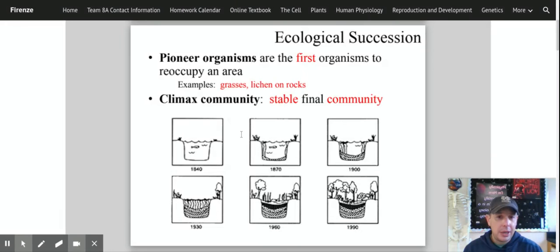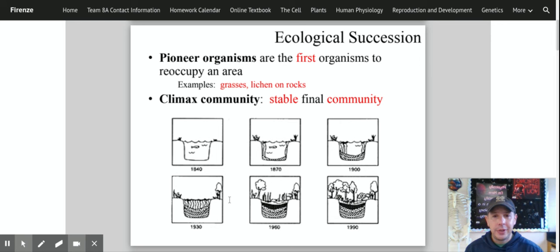Now, let's say we take a little pond here. In 1840, it was a pond with little fish. That was it. Through weathering and erosion and the wind blowing, the pond starts to get filled in with sand and debris and twigs, and they all start to decompose and fill up the bottom here. This happens over years and years, and the pond keeps filling up more and more.